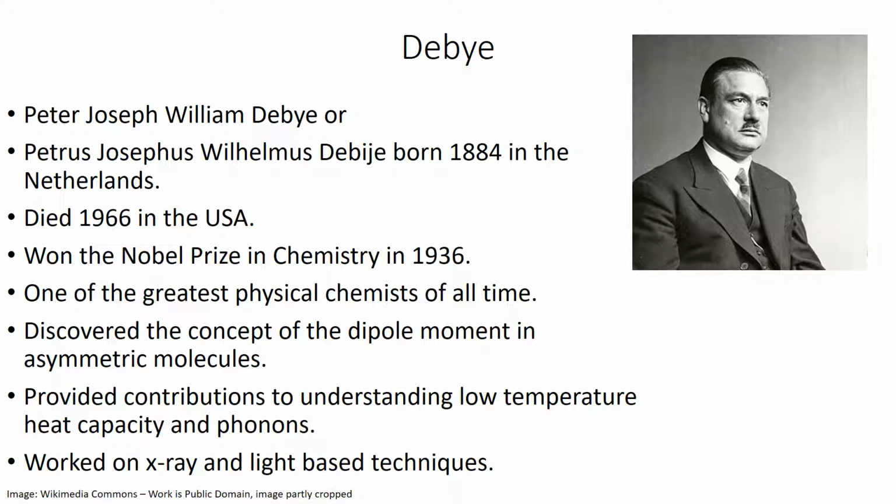He is one of the greatest physical chemists of all time, and he discovered the concept of the dipole moment in asymmetric molecules. He did loads of other work, provided contributions in understanding low temperature heat capacity and the idea of phonons, and he worked quite a bit on X-ray and light-based techniques.